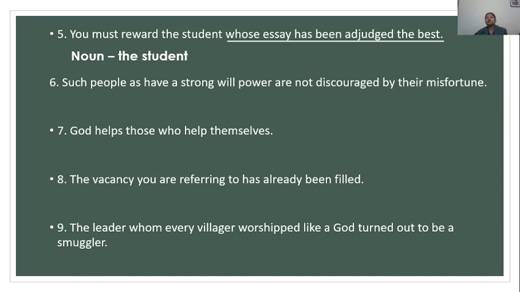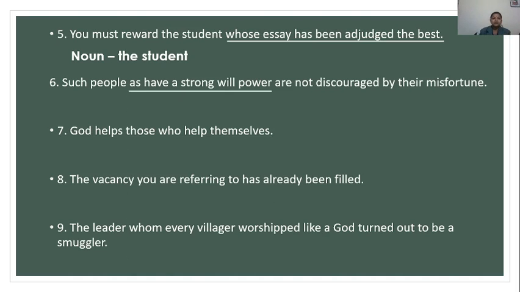Nouns preceded by determiners like such or same are always followed by as. And as can also introduce an adjective clause. So here the adjective clause is introduced by as.